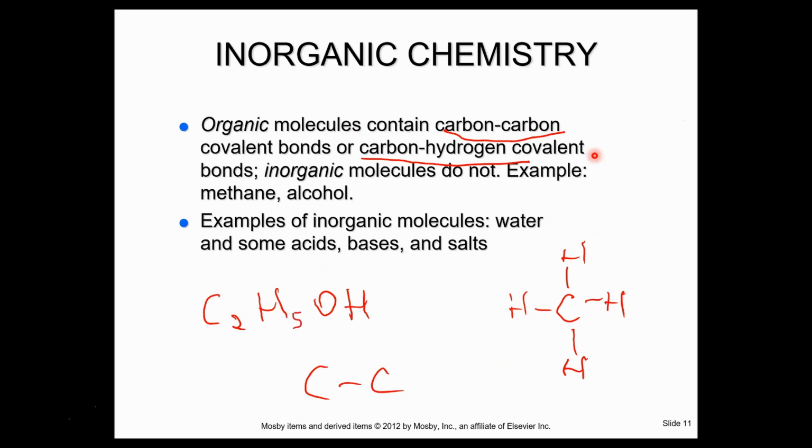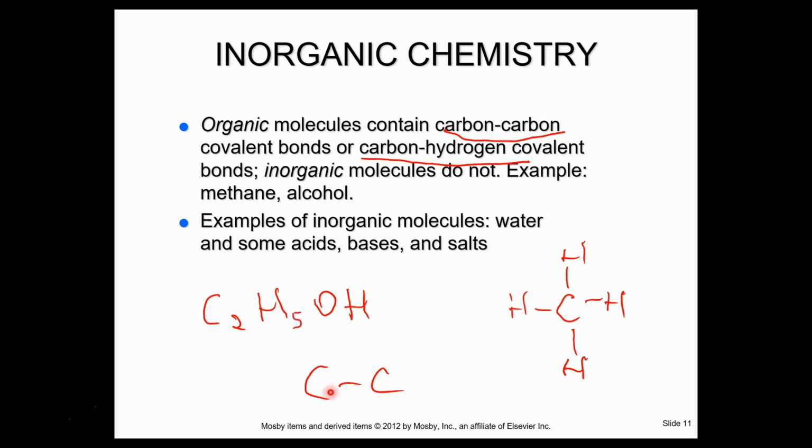So chemistry is divided into organic and inorganic chemistry. There are organic substances and inorganic substances. So how do they differentiate between them? Well, in general, organic molecules contain carbon-carbon covalent bonds. You know the word covalent now.